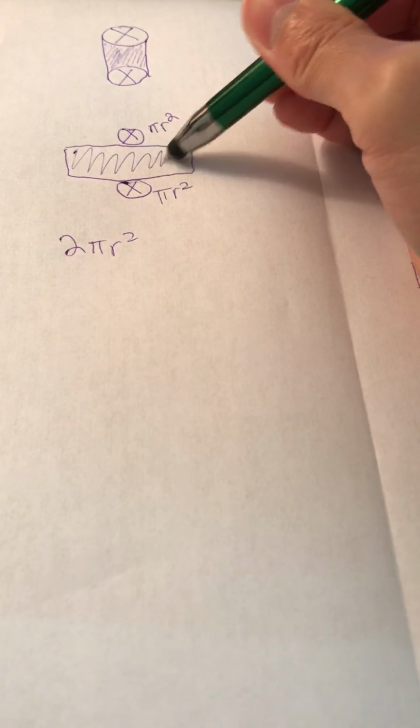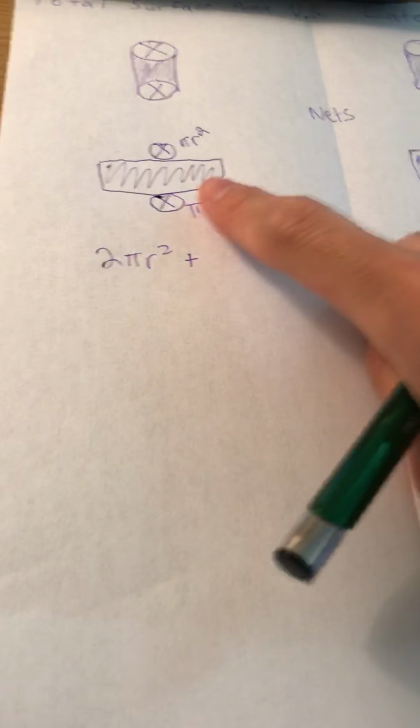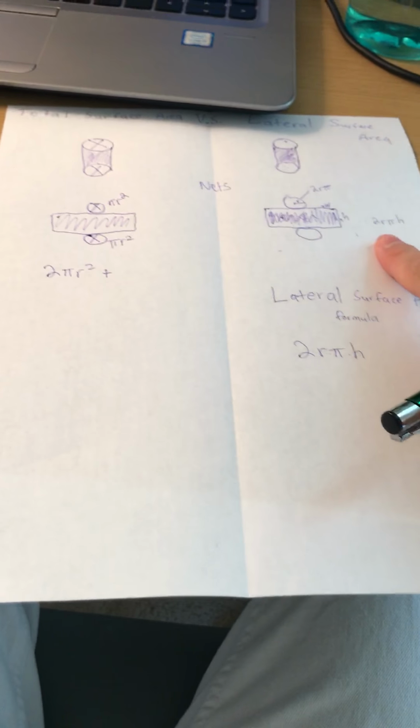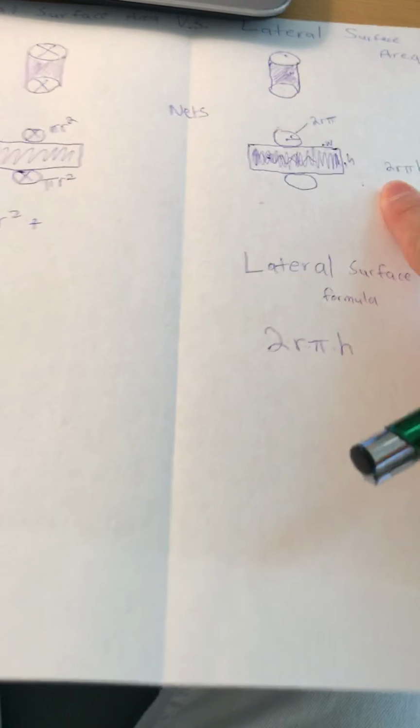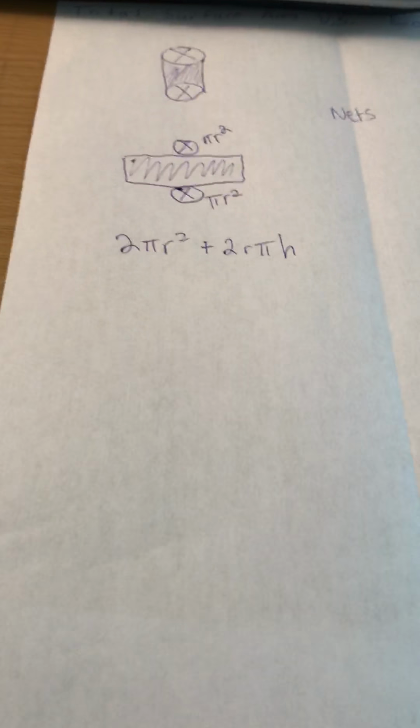Now, I also had to add this part. So what is this part? We actually know what this part is from the lateral surface area. We already found that rectangle. It's 2r pi h. So I could just put that in. 2r pi h. And there you have it.